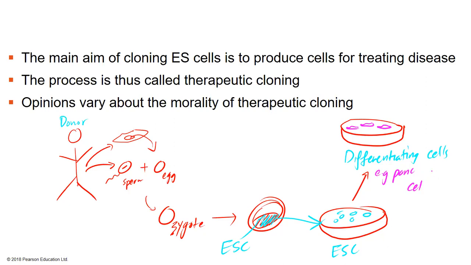Pancreatic, sorry. Okay, and then, maybe the donor suffers from diabetes, سكر, and these differentiated pancreatic cells could be injected into the body of the diabetic individual. Okay.